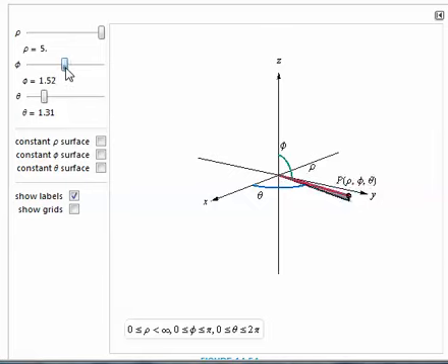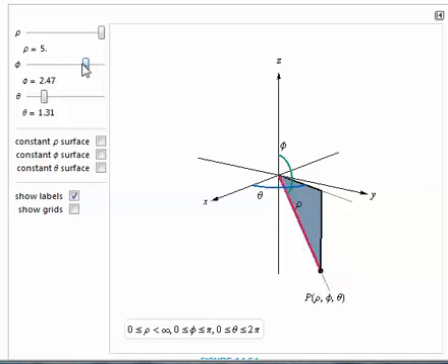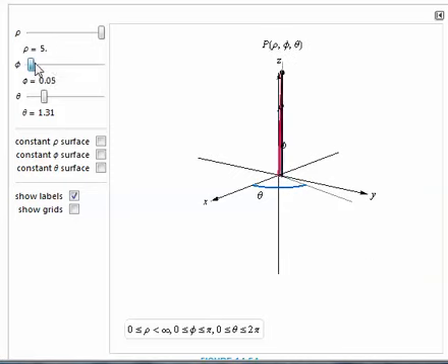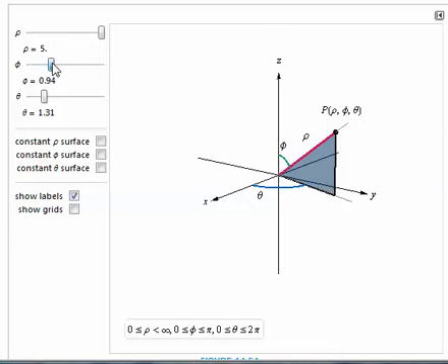And now let's keep moving phi all the way to pi. That puts us on the negative z-axis. So phi just moves between 0 and pi. And so it's at pi, and I bring it back up to 0. And now let's get about a 45-degree angle.